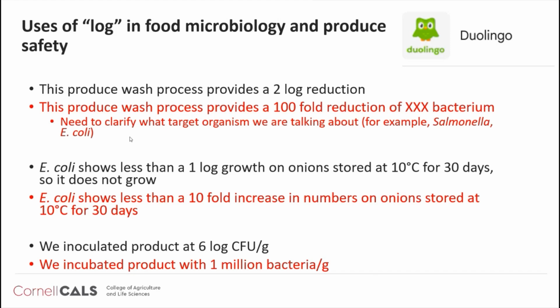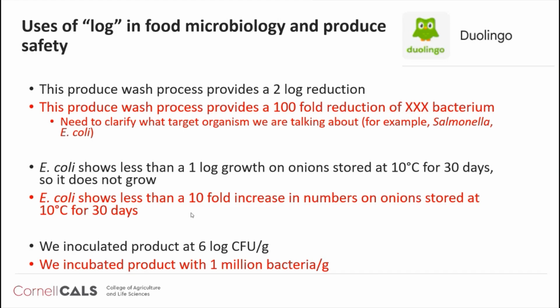When we talk about a log reduction with regard to bacteria, we typically talk about a specific group of organisms, such as Salmonella, E. coli, or Listeria. The term 'E. coli shows less than 1 log growth' means it shows less than a 10-fold increase in numbers if we store onions, or something else, at a certain temperature.